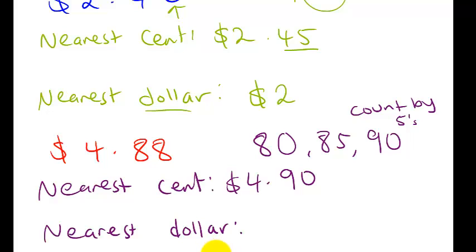If it's actually 50 cents, you go up. If it's 50 or more, you go up. It's 88, so I go up. I'm only looking at dollars; don't look at the 88 cents anymore. So $4 goes up to $5.